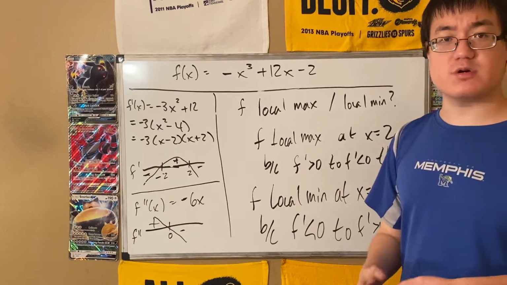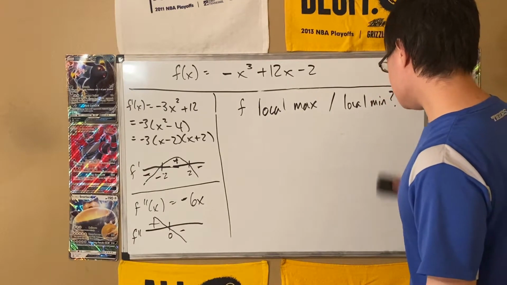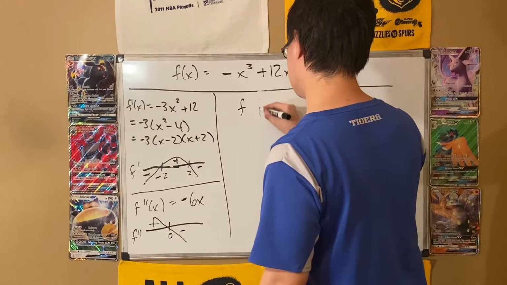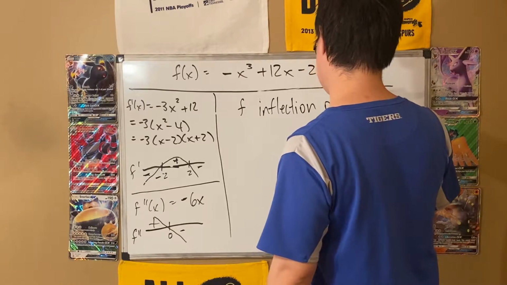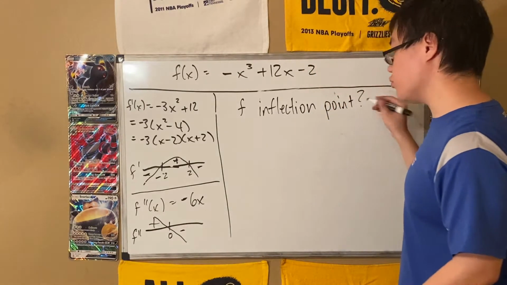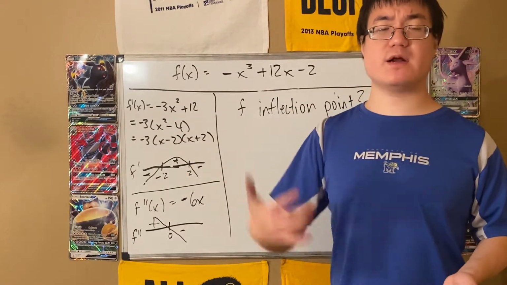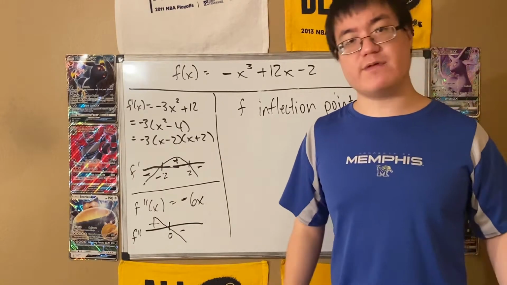The last one is, of course, inflection point, but let's do that one. So let's erase this. f inflection point. Again, there's two rules for inflection point. One of them is f prime. f has an inflection point when f prime goes from increasing to decreasing or decreasing to increasing, but you use that when you have an f prime graph.